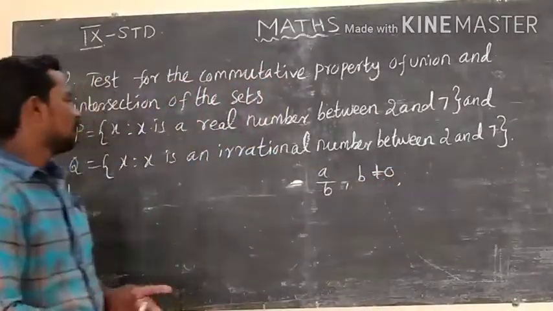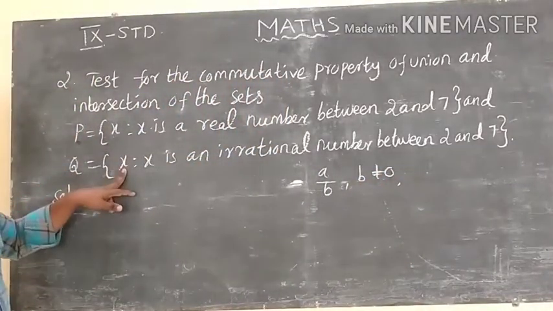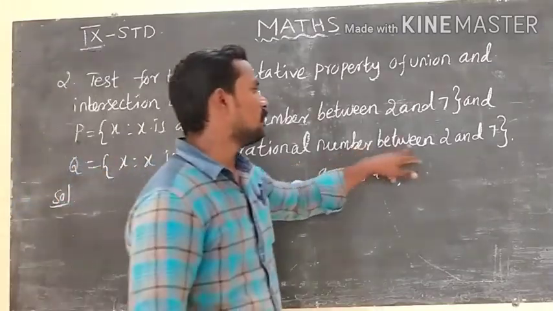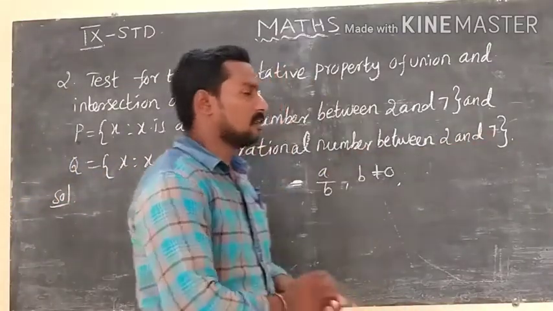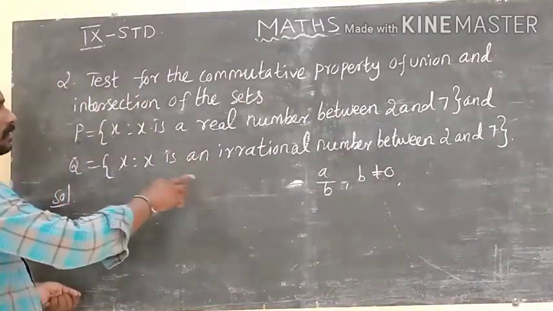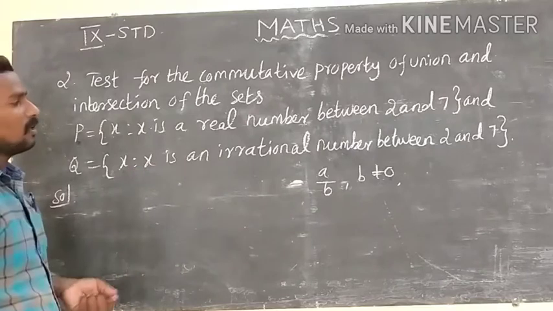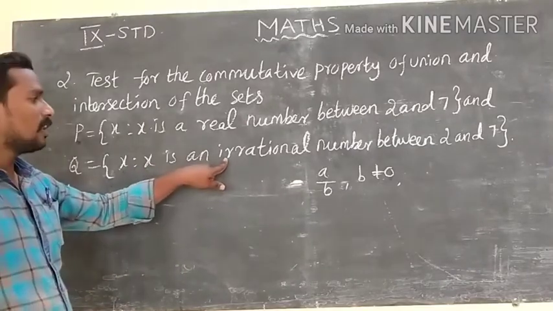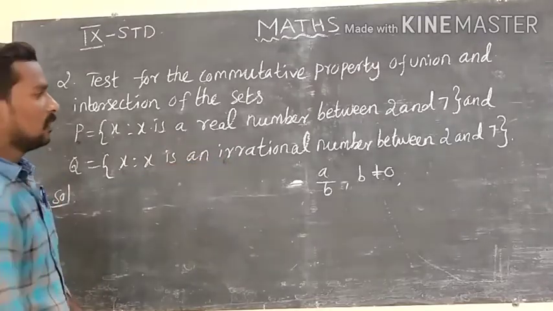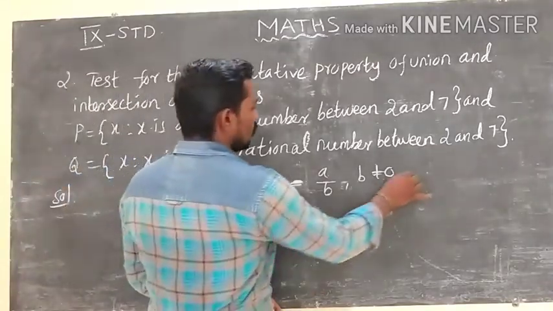And Q is the set of all x such that x is an irrational number between 2 and 7. That means a number not in the form a by b; a non-terminating, non-recurring decimal number is called an irrational number. This is also infinite.